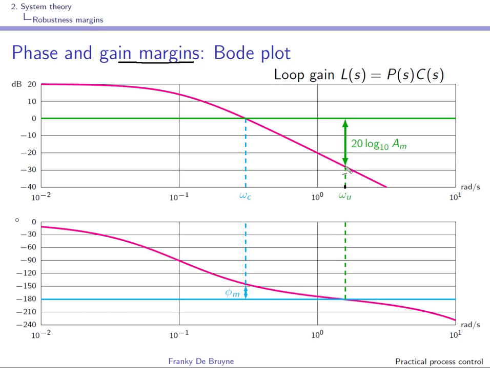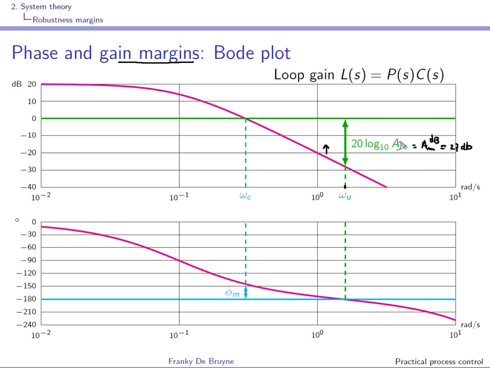So the loop gain in dB should be negative, and here this is clearly the case, and here we have some gain margin. You can still lift up the loop gain, so increase the gain before you reach instability. And here this gain margin in dB is approximately, let's say, 27 dB.